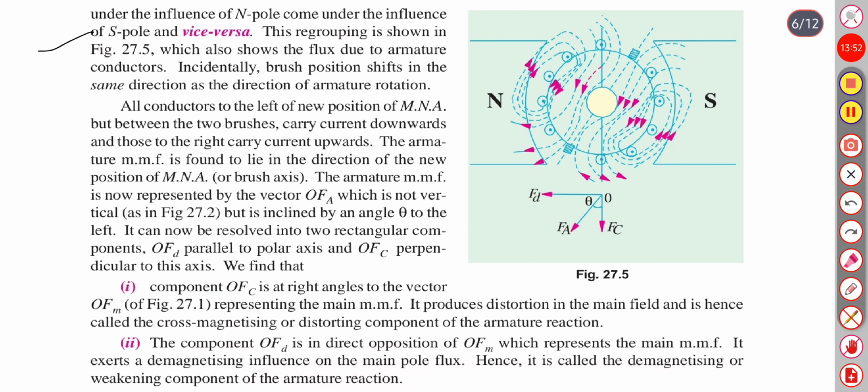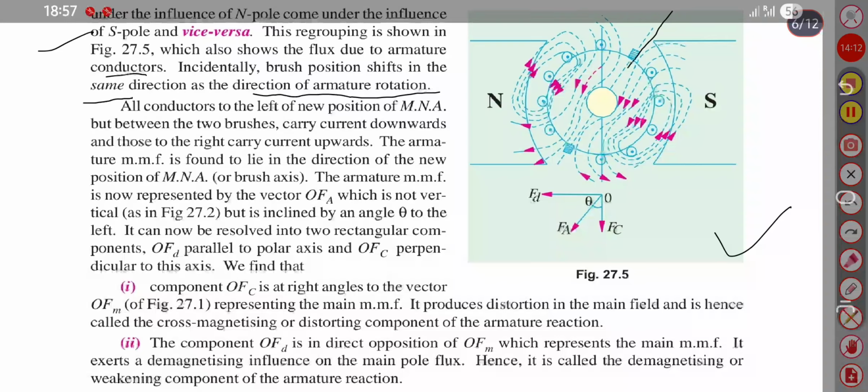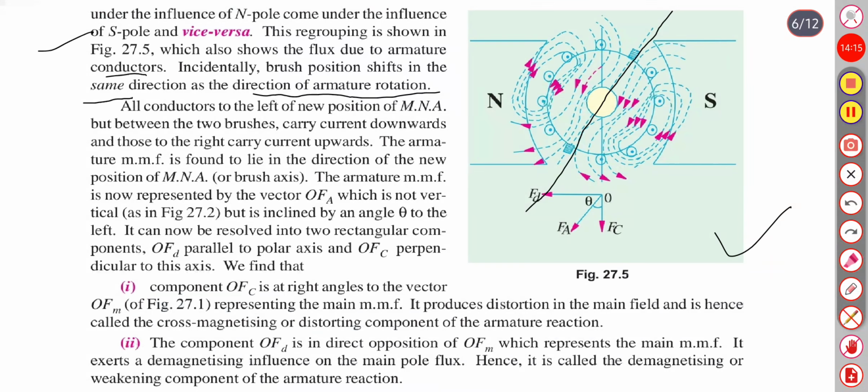The regrouping is shown in figure 27.5, which also shows the flux due to armature conductors. Incidentally, the brush position shifts in the same direction as the direction of armature rotation. All conductors to the left of the new position of MNA but between the two brushes carry current downwards and those to the right carry current upwards.